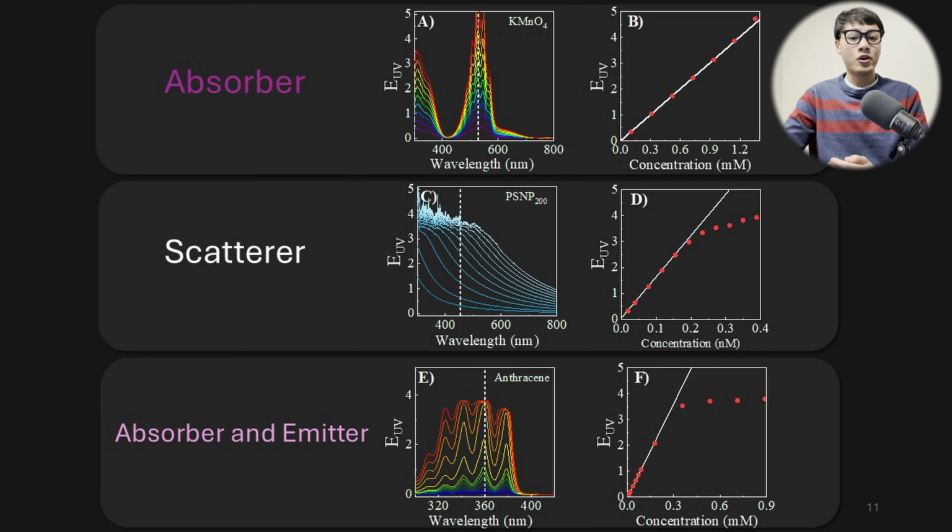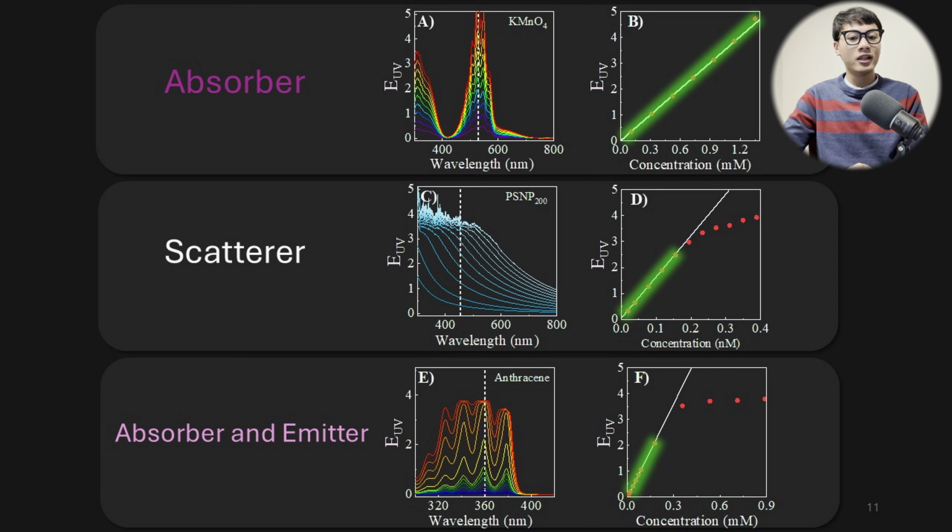This non-linearity reflects the increasing impact of scattered light reaching the detector. Finally, Figure F for anthracene also shows a deviation from linearity at higher concentrations due to fluorescence emission.